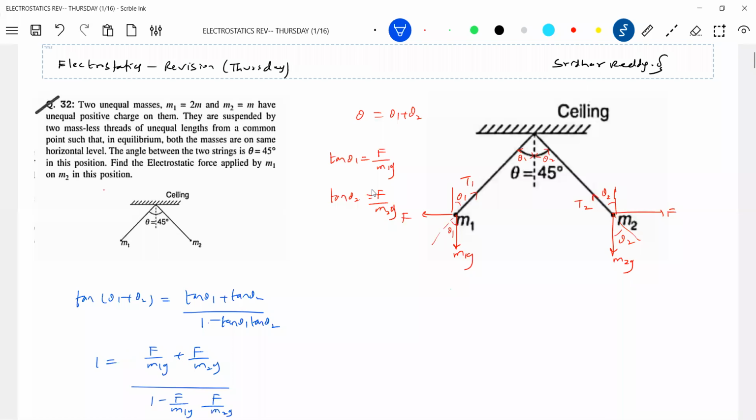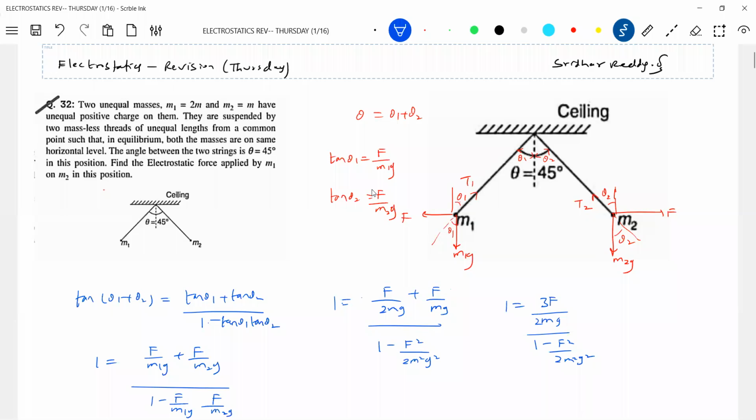Now M1 is equal to 2M, it is telling. So further, this becomes 3F by 2mg over 1 minus F square by 2m square g square.